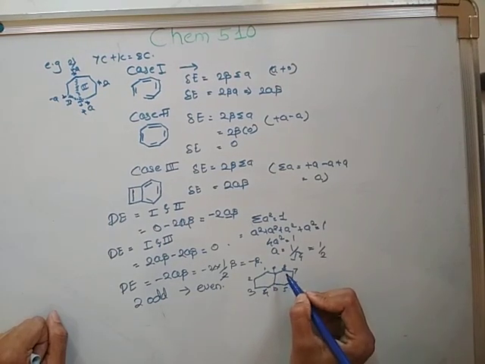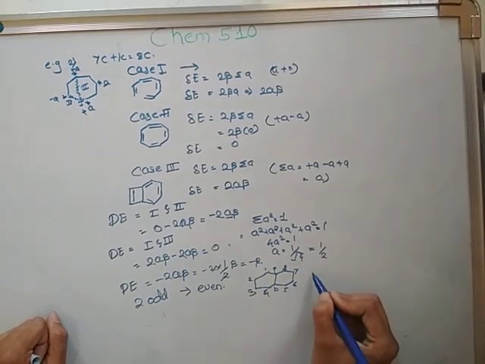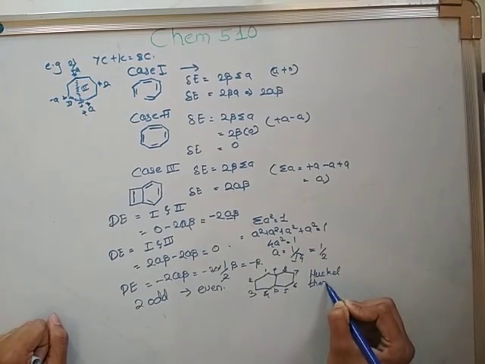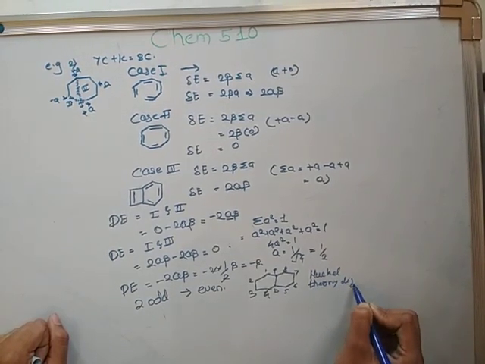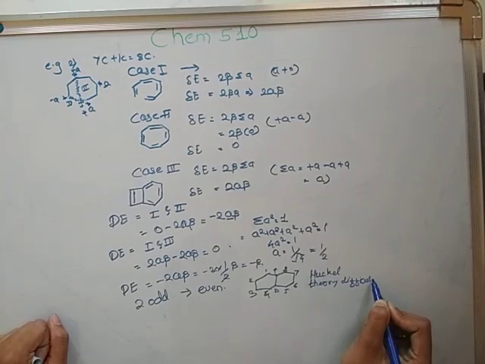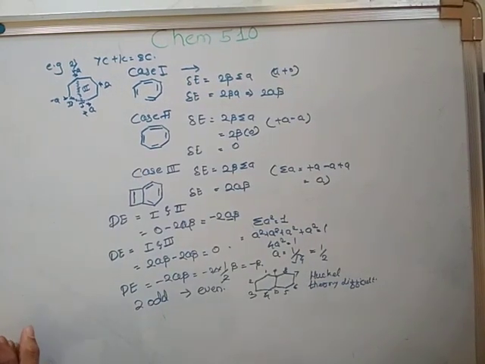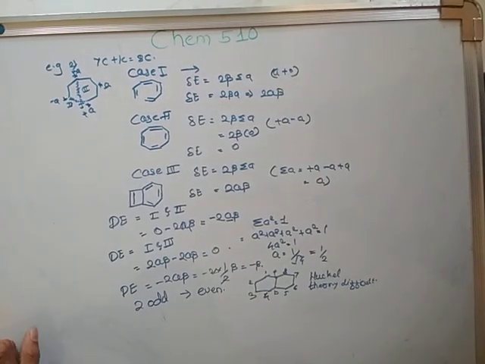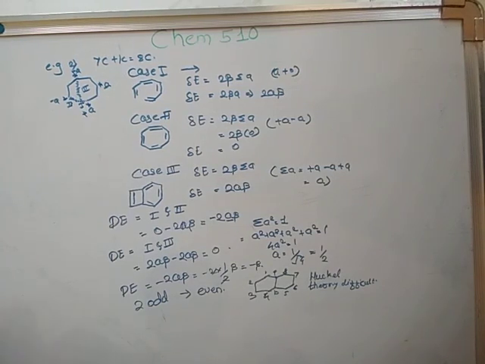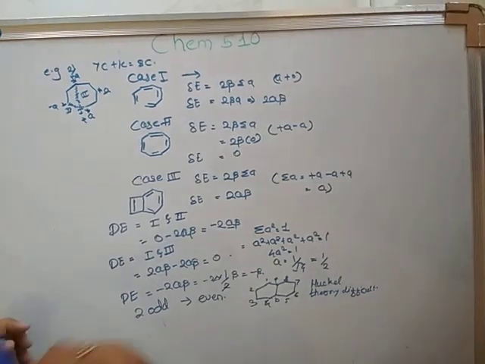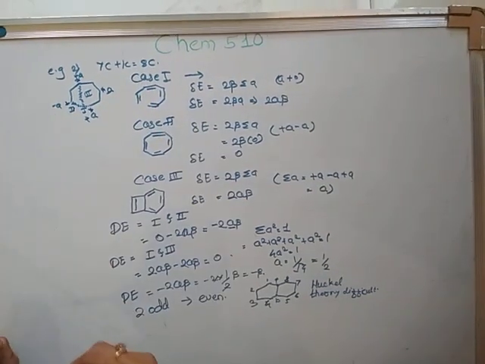So this makes Huckel theory difficult. So scientists Huygens and Dewar proposed the PMO theory. In this video we have discussed two examples: 5 carbon plus 1 carbon is equal to 6 carbon, and 7 carbon plus 1 carbon is equal to 8 carbon.